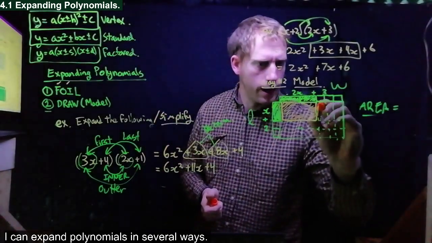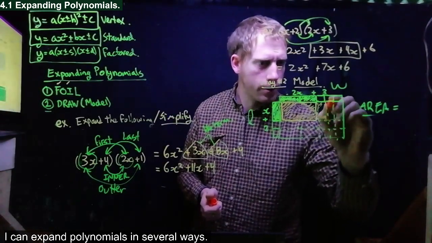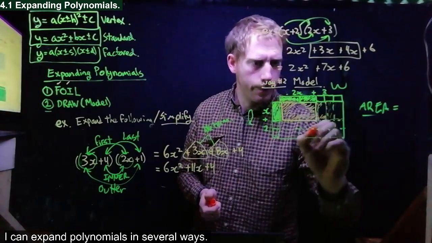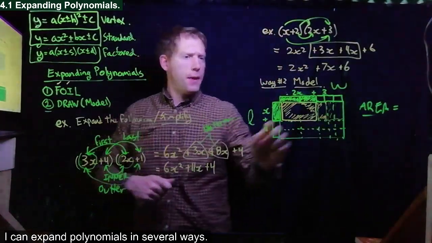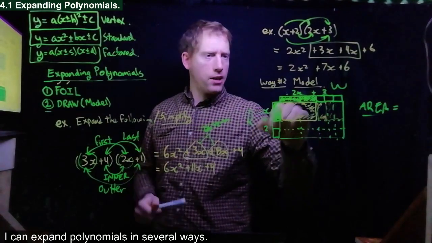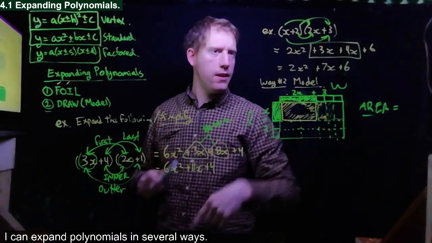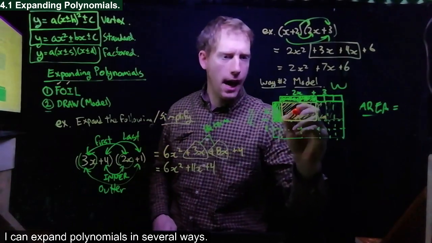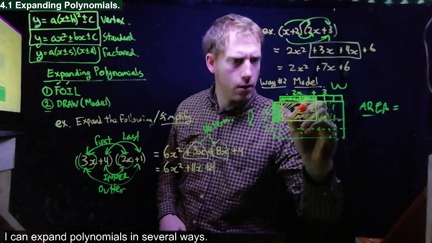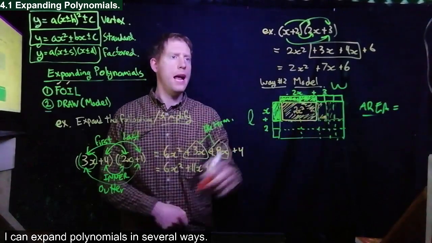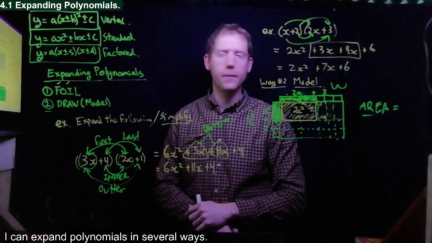I'm going to get this box right here. I'm going to get all these little boxes right here and here. What is the area in this box? Well, I have here 2x times x. So in this box, I'm going to have 2x squared. And that's exactly what we have right here. We have 2x squared. Okay?